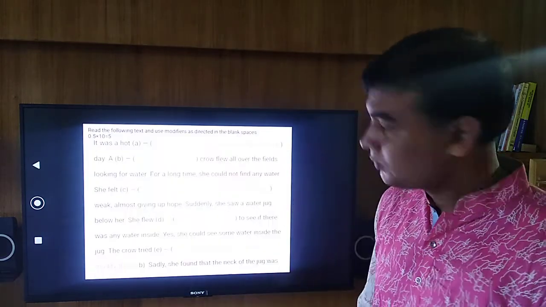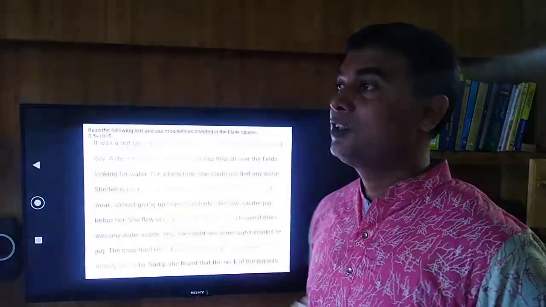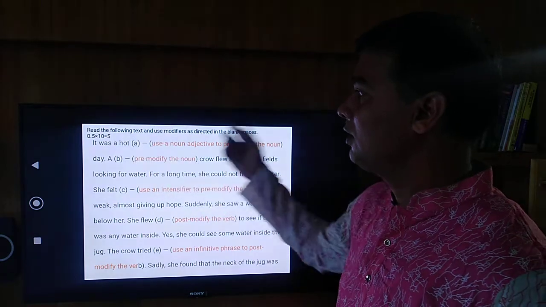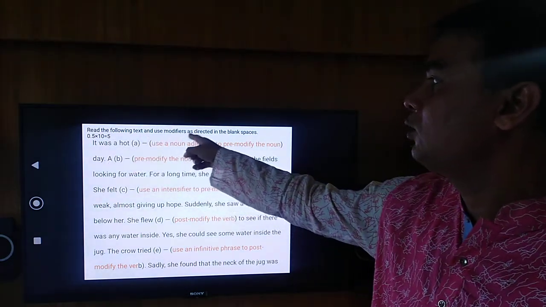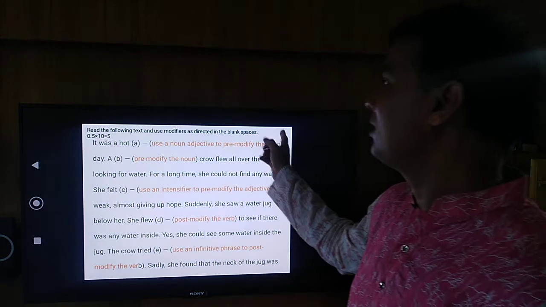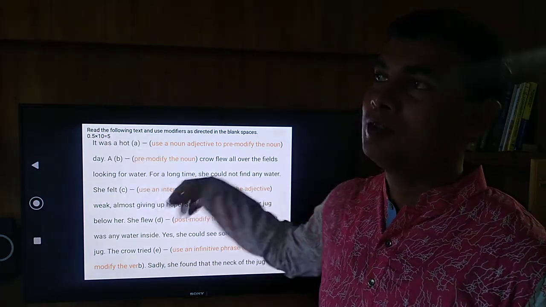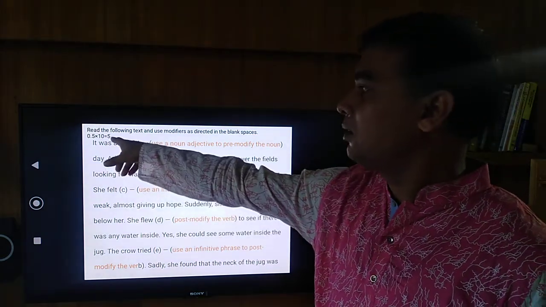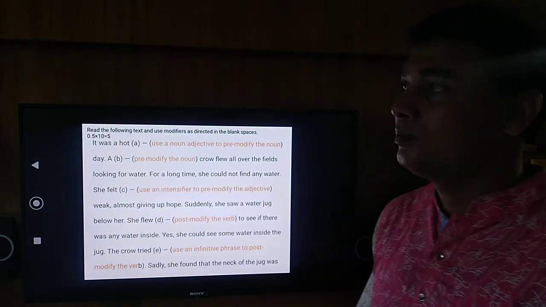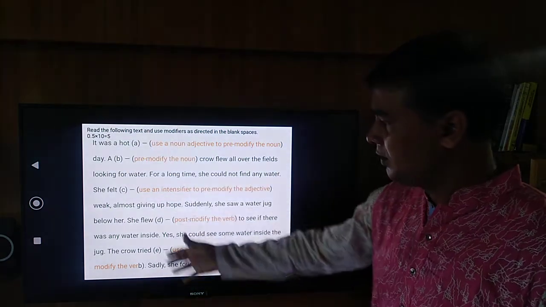You see in the examination you will see this type of question. Read the following text and use modifiers as directed in the blank space. And for this, 5 marks are given. See, this is the question.